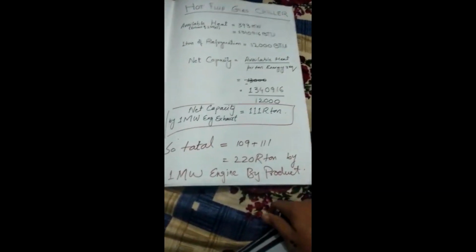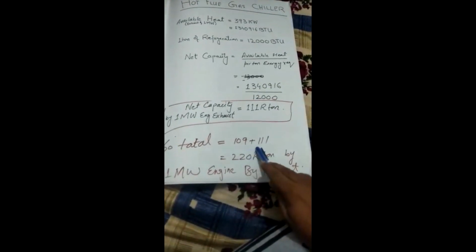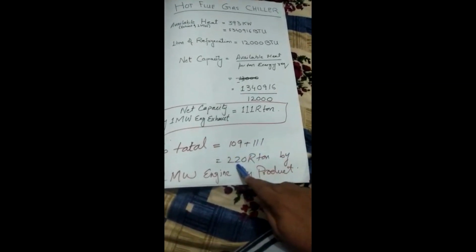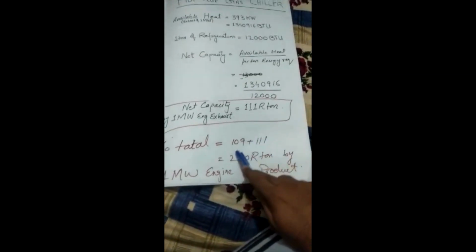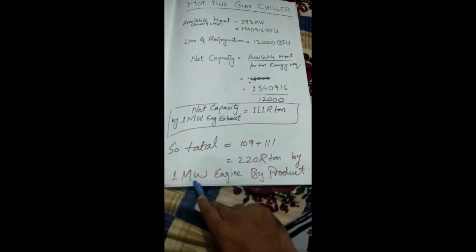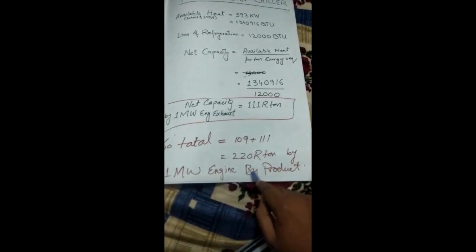So the total refrigeration tonnage which you can install on a 1 megawatt gas engine is 109 plus 111, so 220 ton of refrigeration chiller you can install on an engine of 1 megawatt as a byproduct.